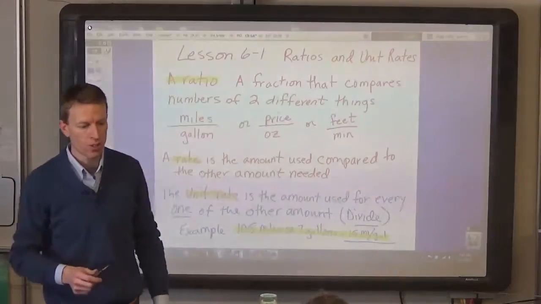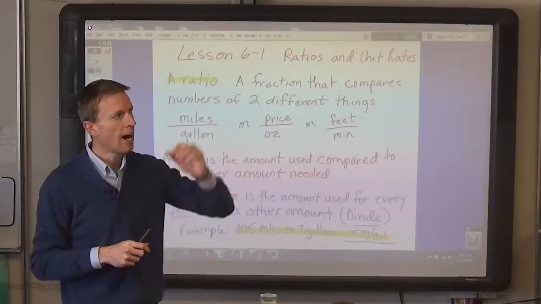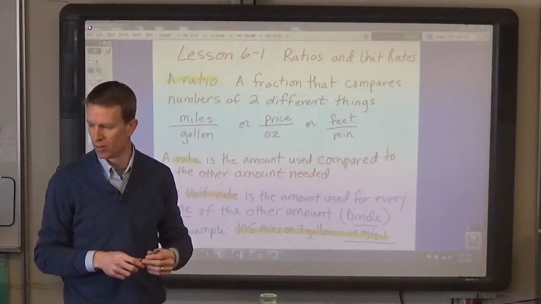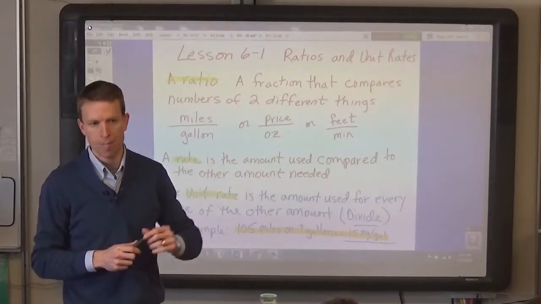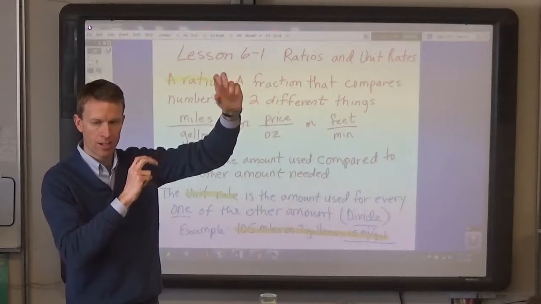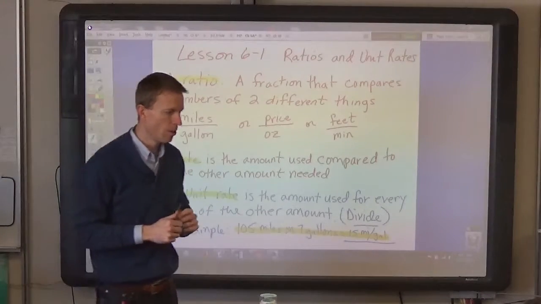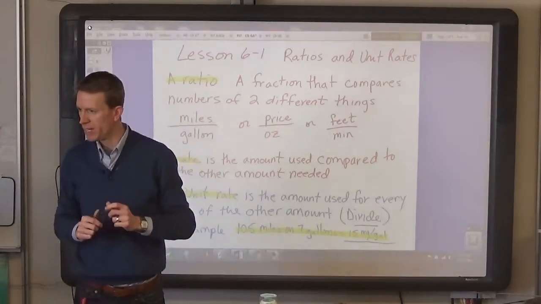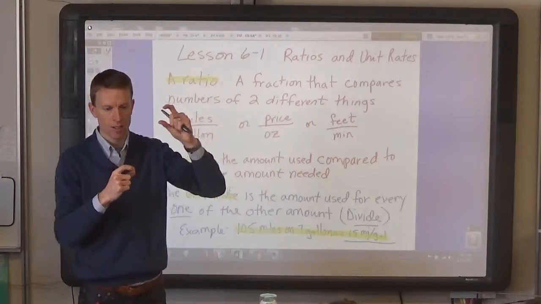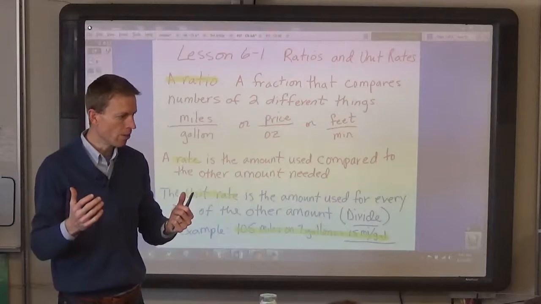Those are all ratios comparing two different things. Hours and minutes is a ratio. There's 1 hour equals 60 minutes. All of those conversion factors that we've done before are all ratios. Anytime you have different labels on the top line and the bottom line, you're working with a ratio.